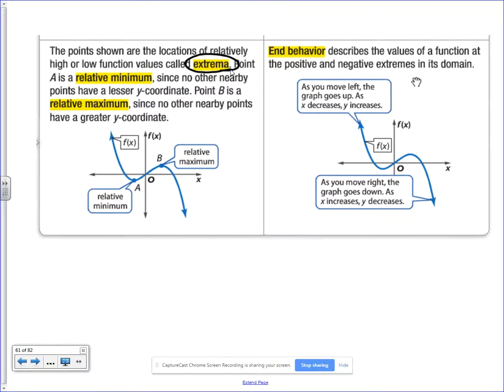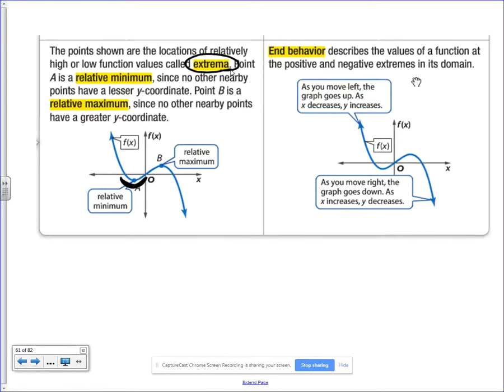What word do you see within the word extrema? What does extreme mean? What's that? Out of the park. So either really high or really low. How do we represent that on a graph? It's really low. It's called a what? So you see this portion right here? That's a minimum. It makes a valley. That's what I will call it, a valley.